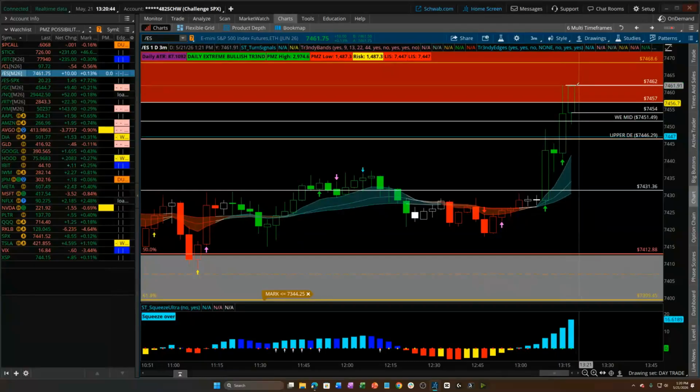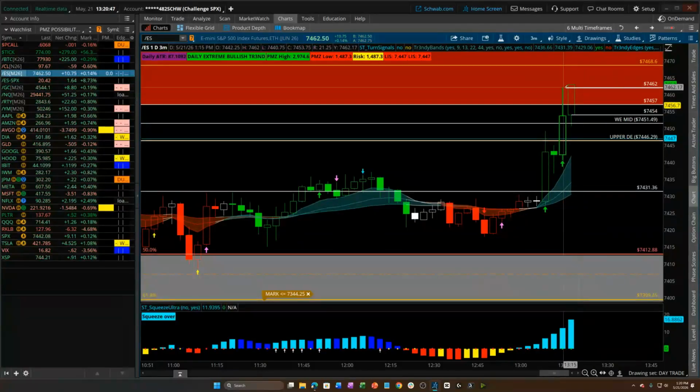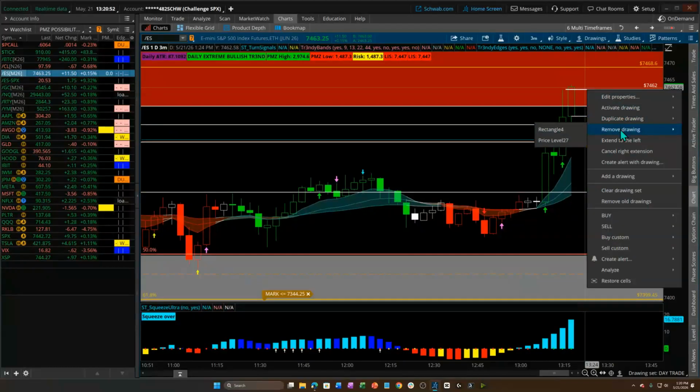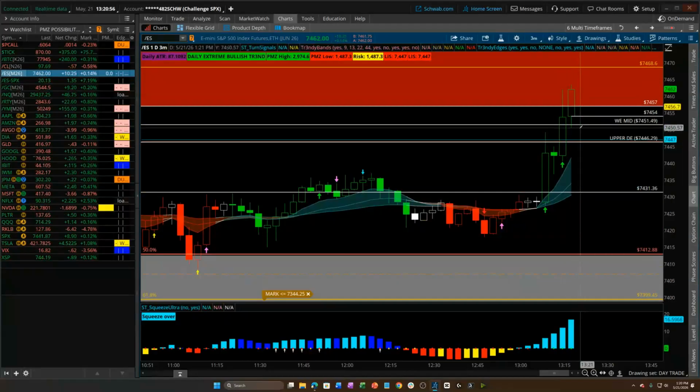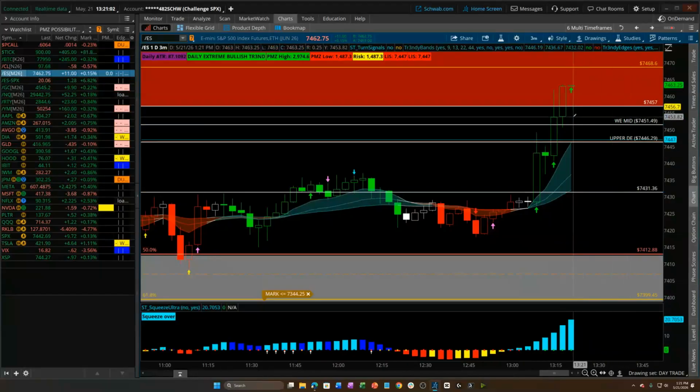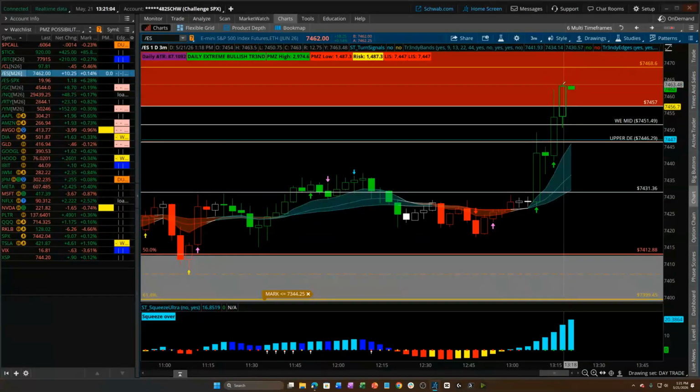Not going to take that trade, but it's a moot point because that, my friends, is a higher high. No confirmation as of yet. So no trade in here.